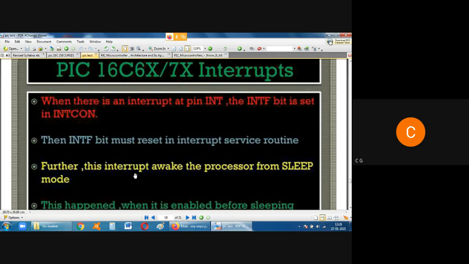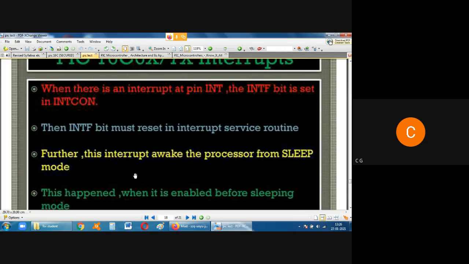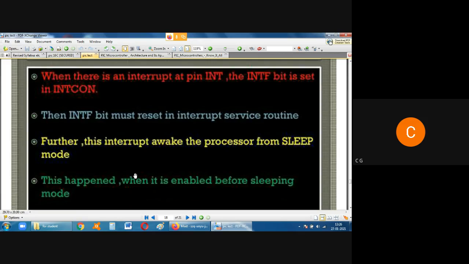When there is an interrupt at pin INT, the INTF bit is set. So now how the interrupt section is working is being discussed. We can just have a little bit of info because I will stop in about 5 minutes.